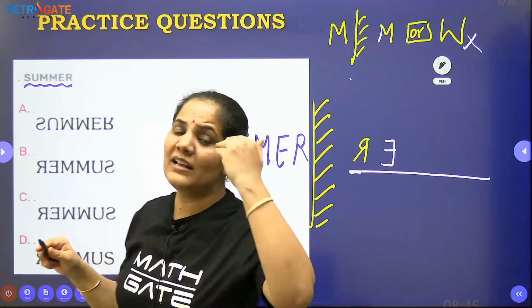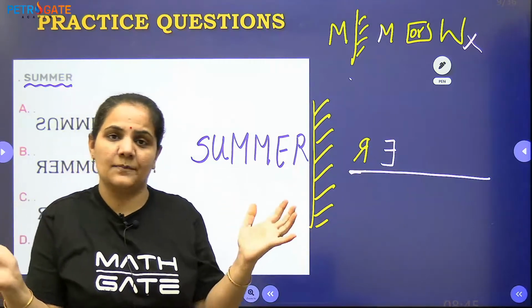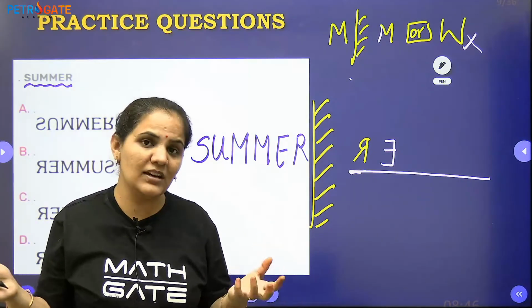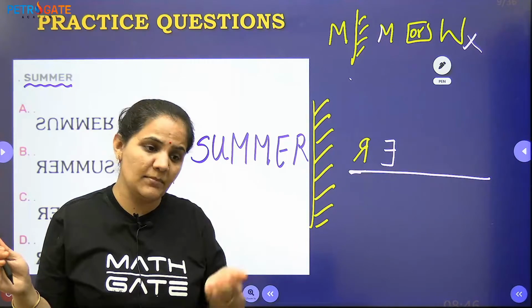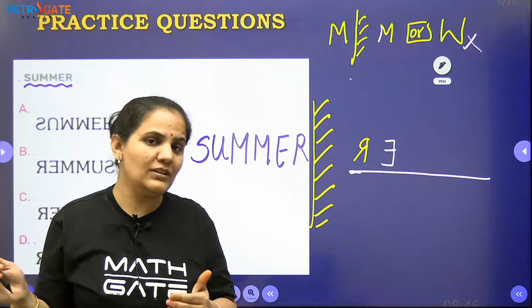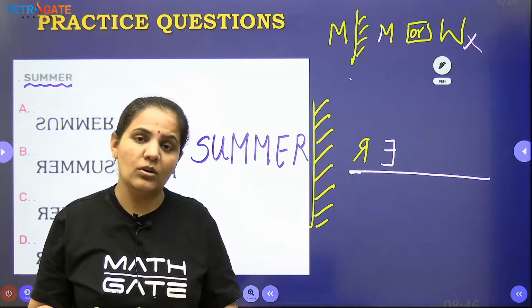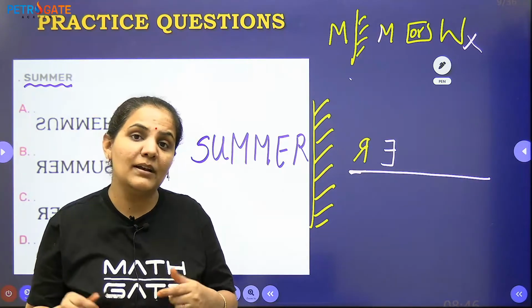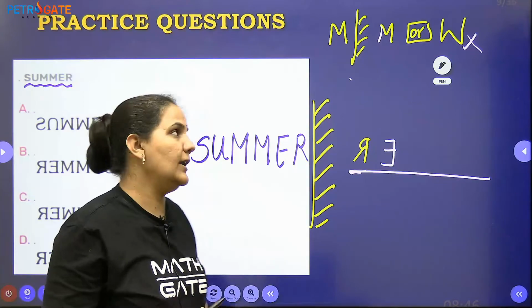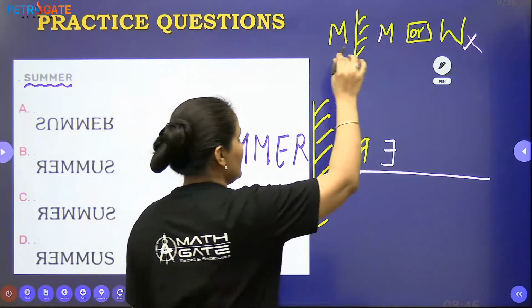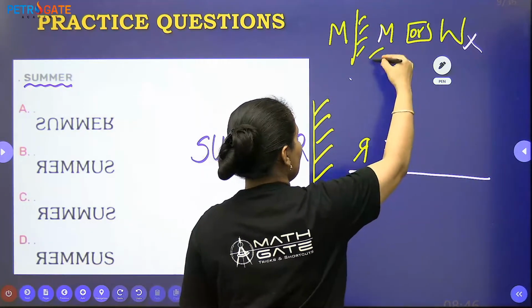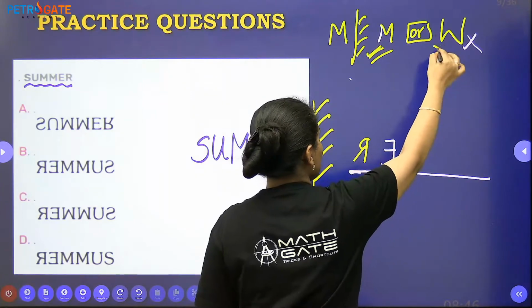I am putting the mirror on the sides, either right or left, not below the M. That would be a water image. When we put the mirror below, that becomes a water image. So M or W: this one is right and this one is wrong.